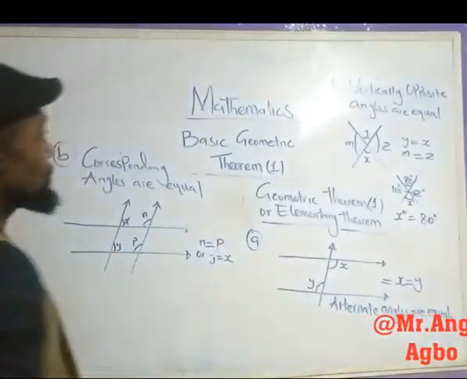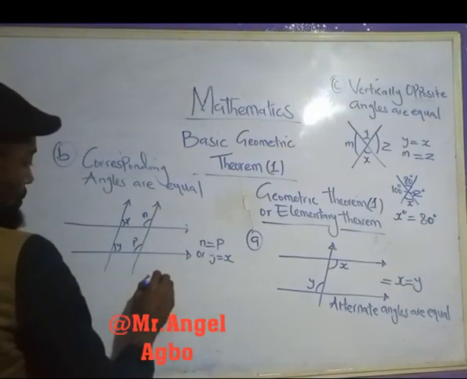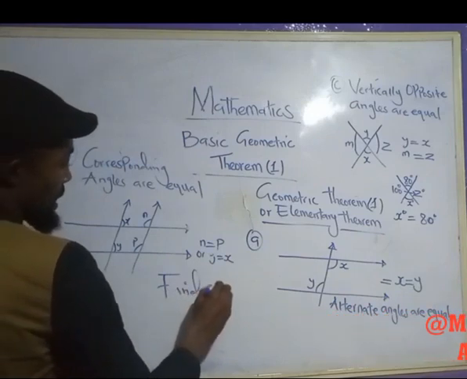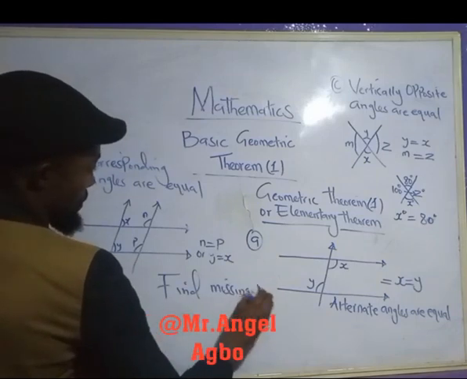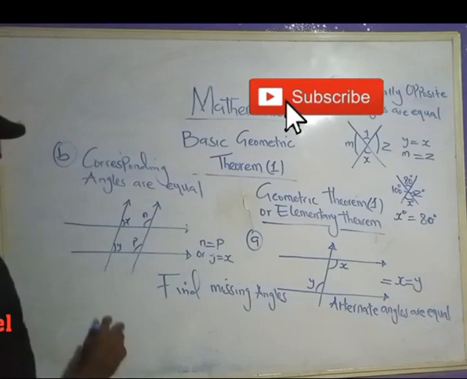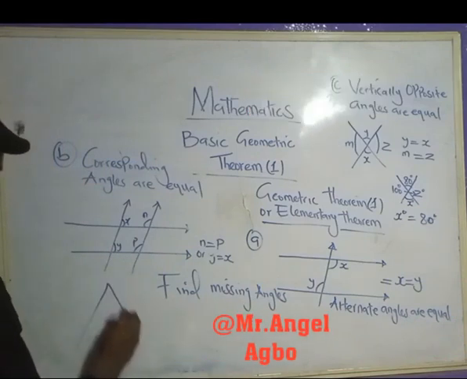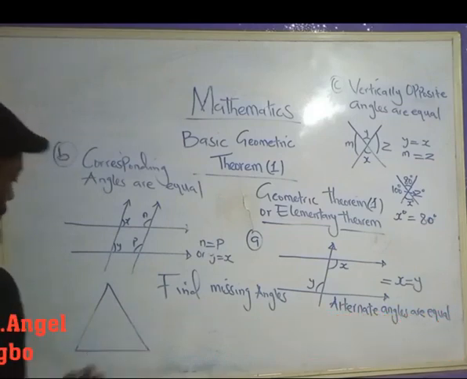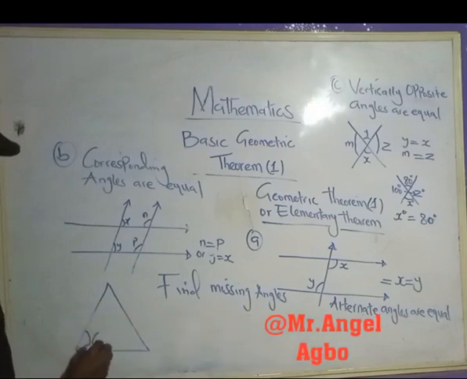Okay, now we can move further to find missing angles. For instance, we have an angle on a straight line in form of a triangle, and we have this as 60 degrees.